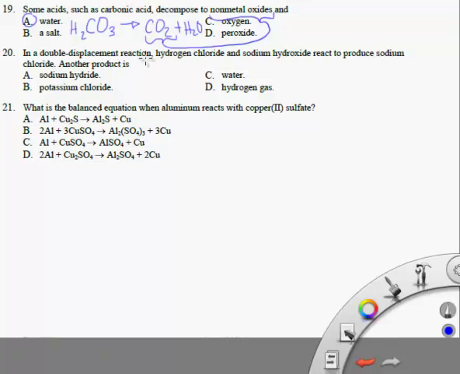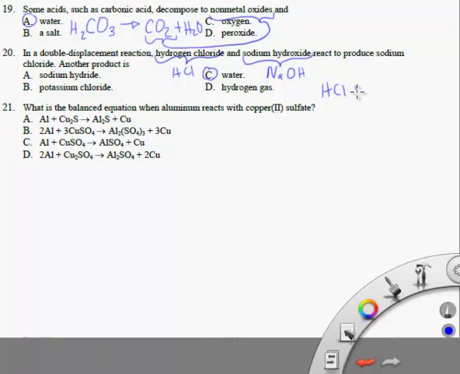In a double displacement reaction, hydrogen chloride and sodium hydroxide react to produce sodium chloride. Another product, in this case, is going to be water. This is an acid-base reaction, actually. Hydrogen chloride is HCl, and sodium hydroxide, your base, is NaOH.